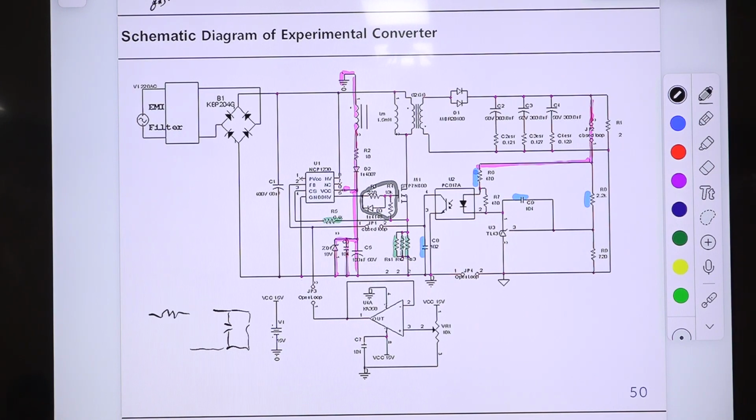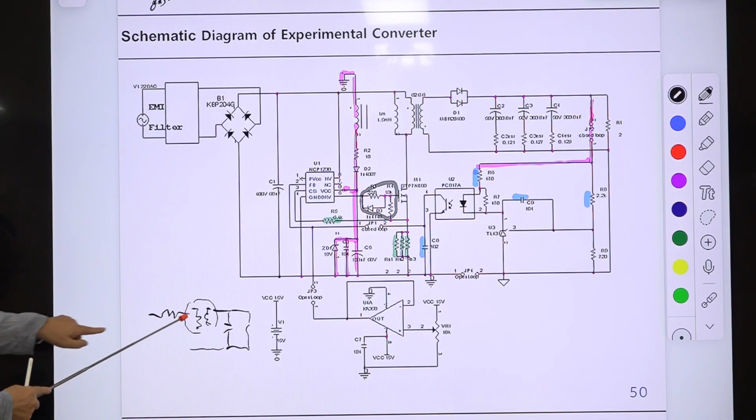And there is just some transformer here, a flyback transformer. So this is the average model of the boost converter. Where is the low pass filter? The low pass filter is still here.